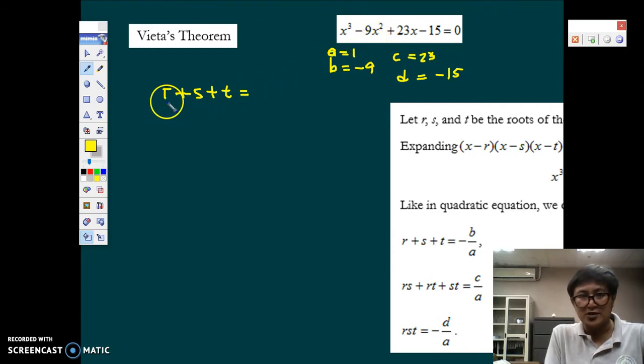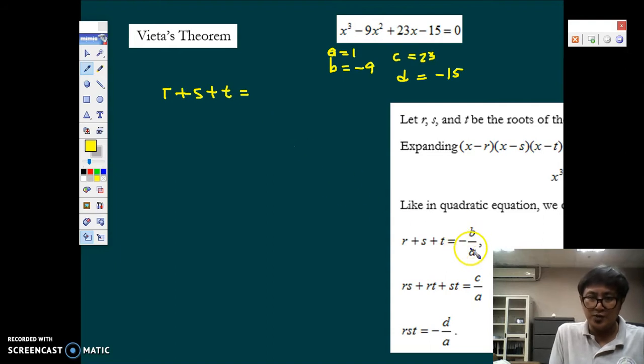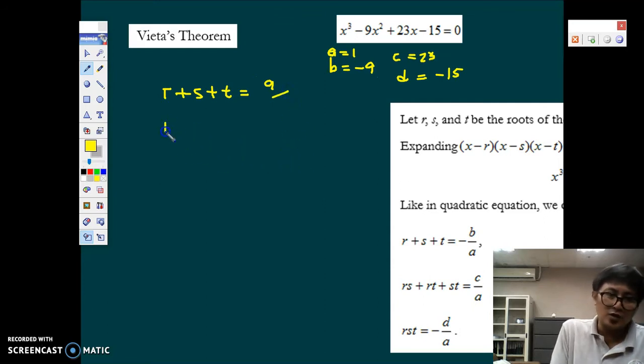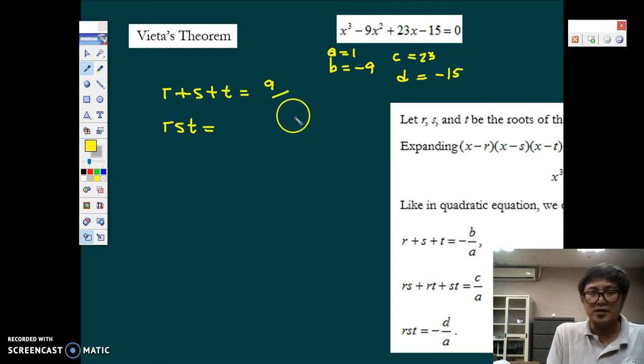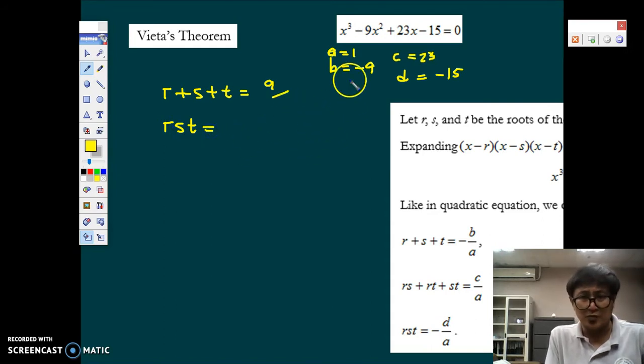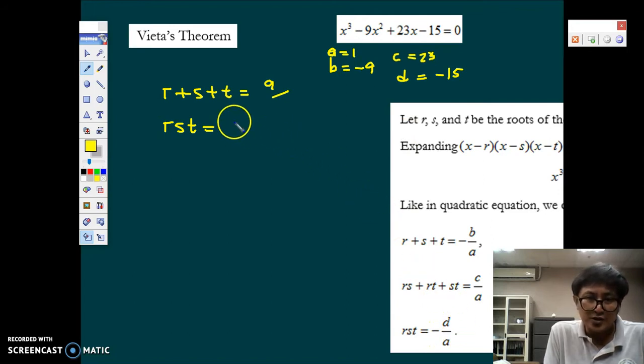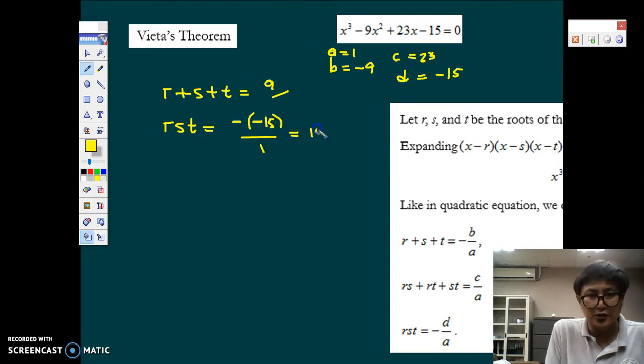If we're just after the sum, r plus s plus t would be negative b over a, and that's negative of negative 9 over 1, which is 9. Then if you are asked for the product r times s times t of the polynomial, it's just negative d over a, and it's negative of negative 15 over 1, which is of course 15.